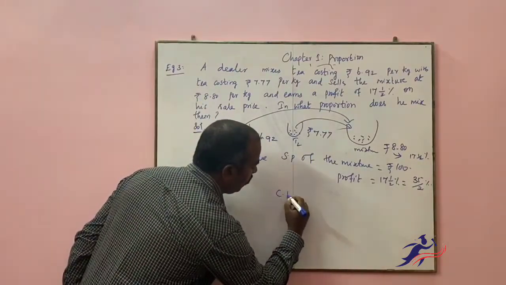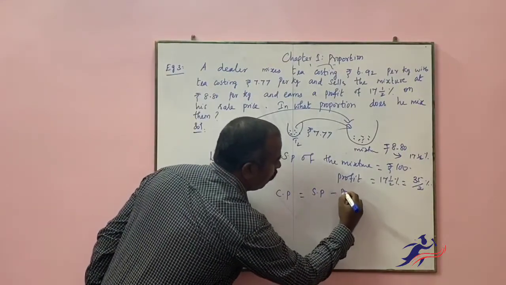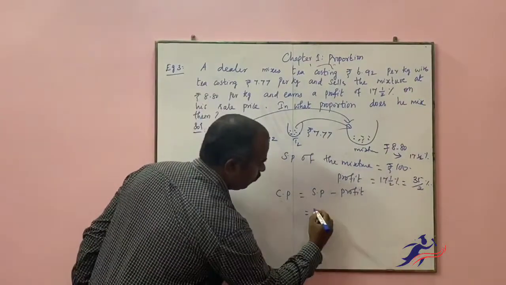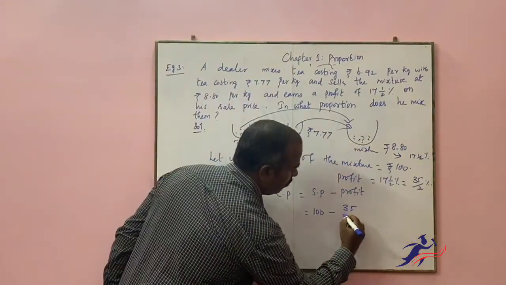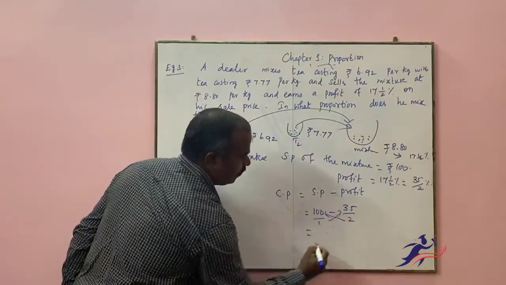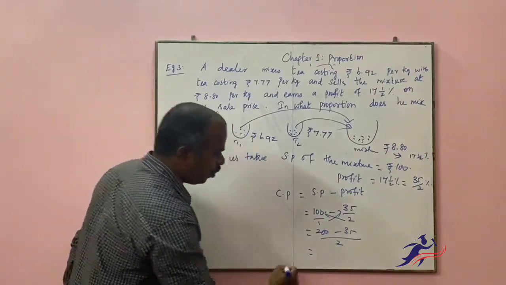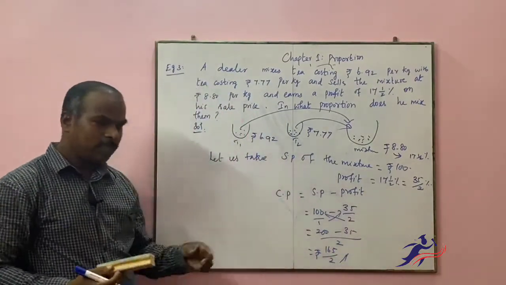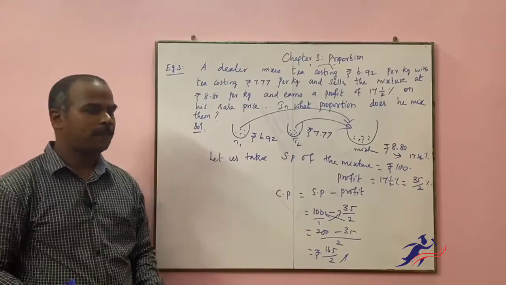Therefore CP of the mixture is 100 minus 35/2, so 200 minus 35 over 2, that is 165/2 rupees.